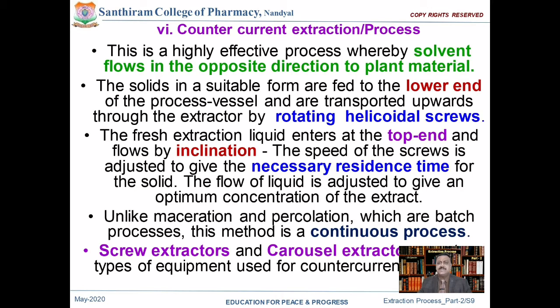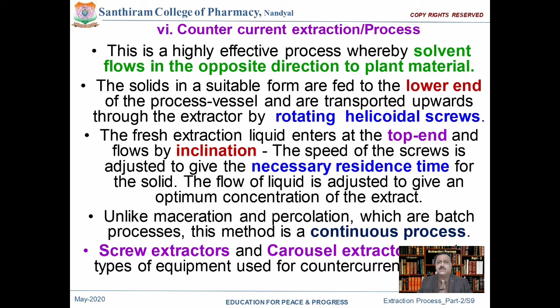Whereas in a batch process, you need to stop the machine and open the machine, and you have to feed the sample, close the machine and switch on the power of the machine, and then collect the product, switch off and collect the product, right? It is a batch process, right?